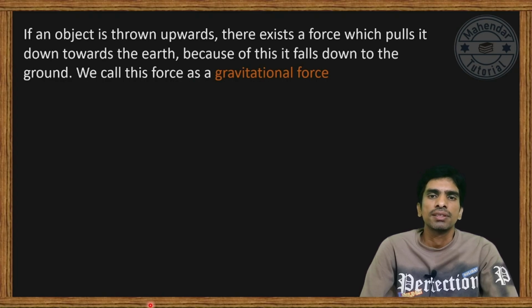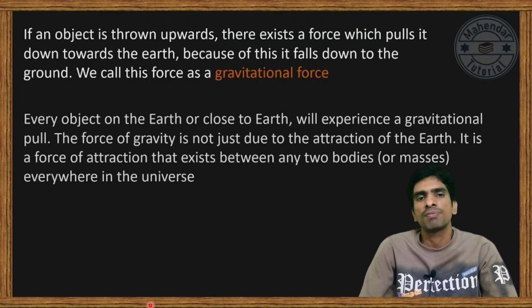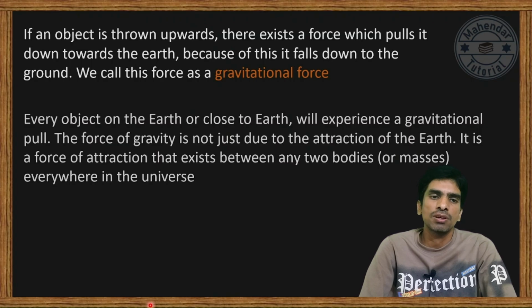Because of this, every object falls on the ground. We call this force gravitational force. Every object on or close to the earth will experience the gravitational pull. The force of gravity is not just due to the attraction of the earth, it is a force of attraction that exists between any two bodies everywhere in the universe.